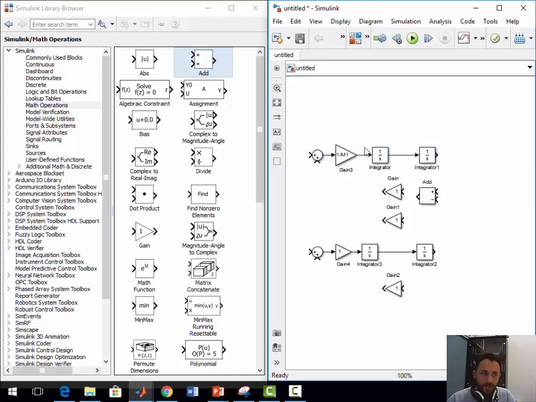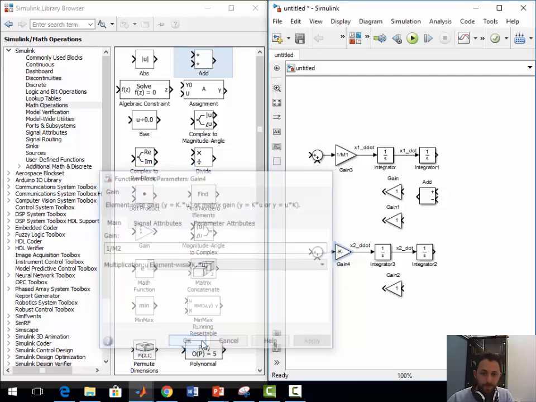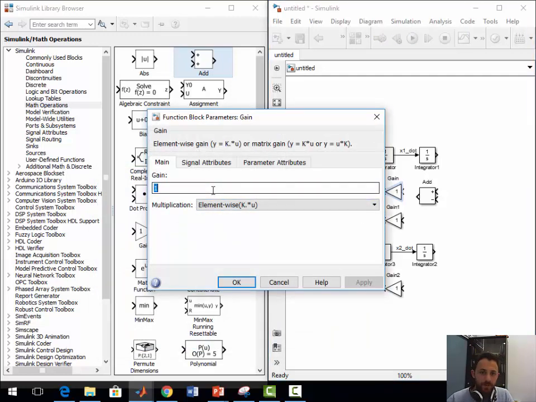So this is x1 double dot, x1 dot, and this is b1.